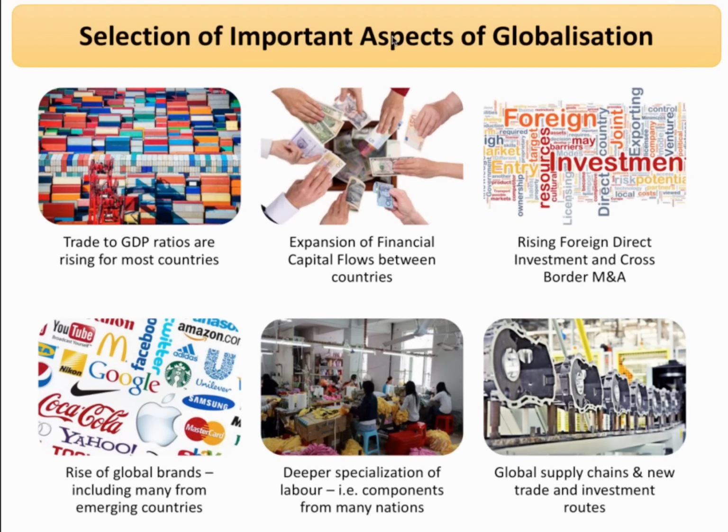Can they find them? Globalization is also a process of specialization, yes, but a deeper specialization of labor. In other words, if you take something like an iPhone or an iPad, components come from many, many different countries, many different suppliers. There's very deep specialization across supply chains. And we're also seeing, as part of globalization, the emergence of exciting, important, significant new global supply chains.